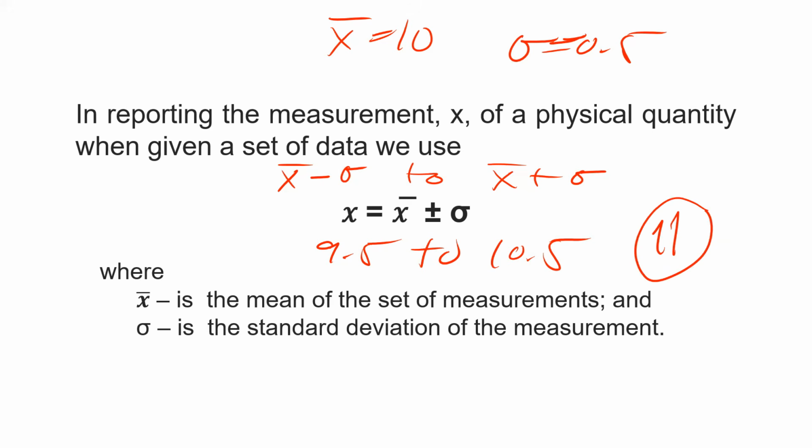Pero malapit siya doon. So pwedeng mataas din ang accuracy niya, pero hindi siya super accurate. Kasi andito yung most probable values natin is found within this range of values.